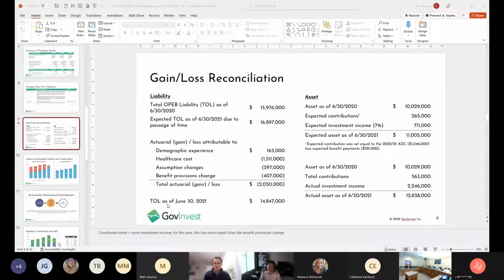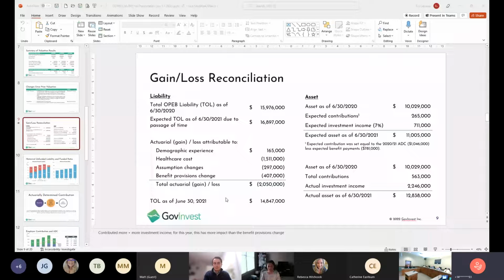Not yet. Okay. So we talked about the liability side. There is a $2 million reduction in liability, either due to actual experience compared to expected or benefit changes, so that you ended up with $14.8 million in liability as of 6/30/2021.